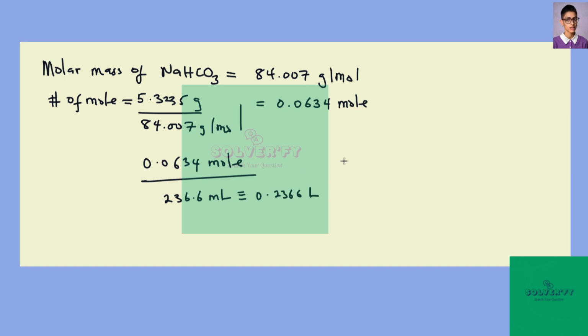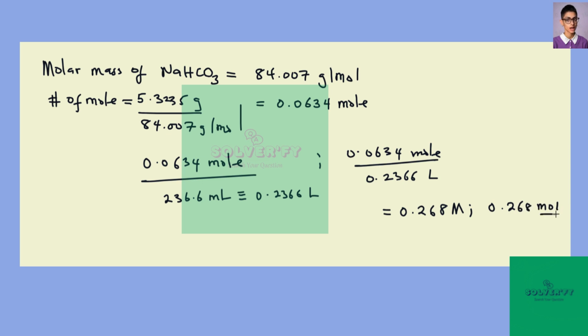So we're going to have 0.0634 mole divided by 0.2366 liter. So that's going to be 0.268 molar, which is 0.268 mole per liter.